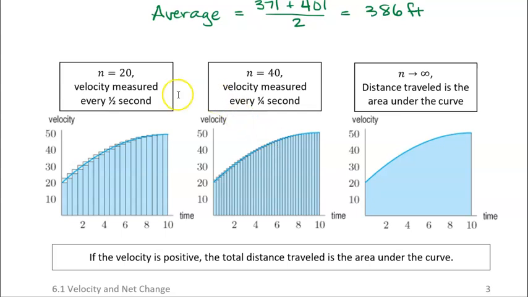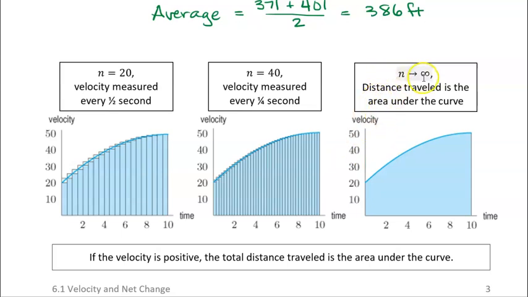So here this is just looking at what if we sampled the velocity every half a second, which would give us n equals 20. Or maybe we do it every quarter second, so then n is equal to 40.